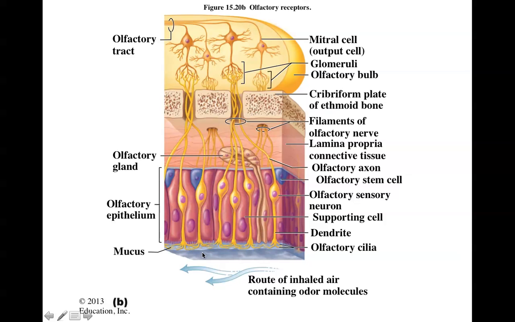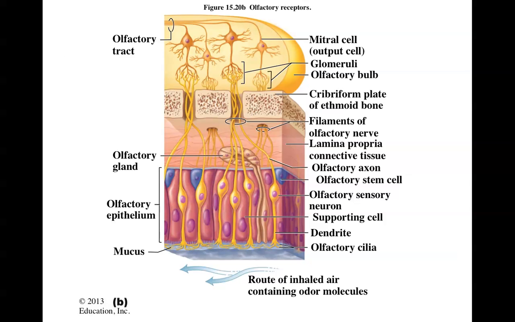So here we have little bits of bread that are dissolving themselves in the mucus, making their way to the olfactory cilia, part of the olfactory sensory neurons, and then they will be sent up through the axons to cranial nerve 1, the olfactory nerve, the olfactory bulb, and then sent back to the brain.